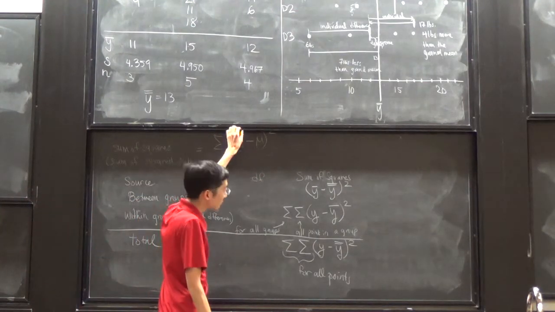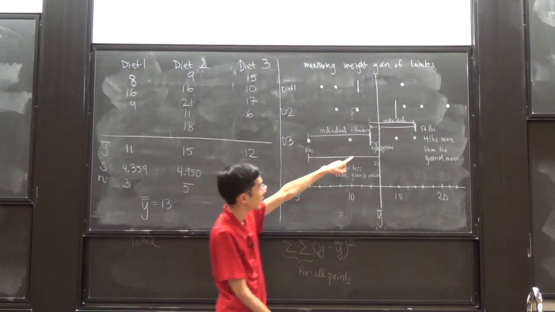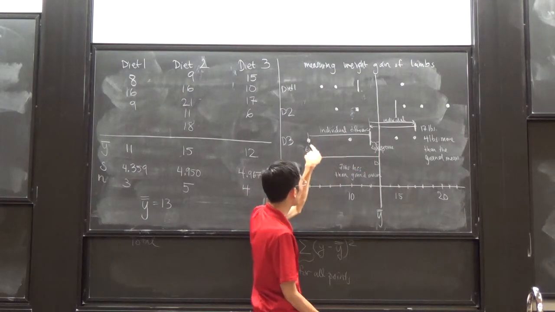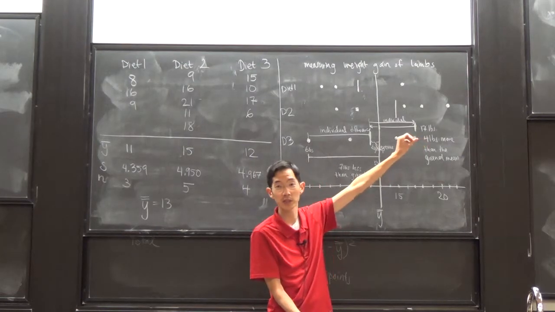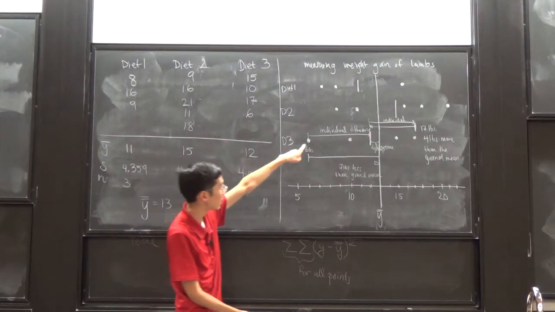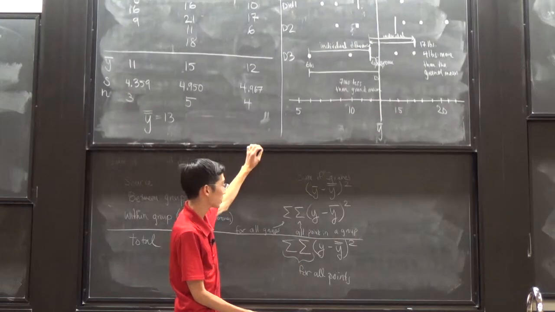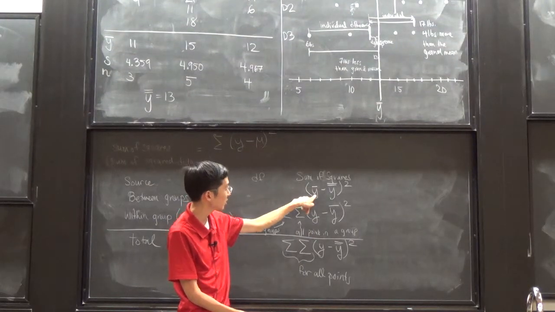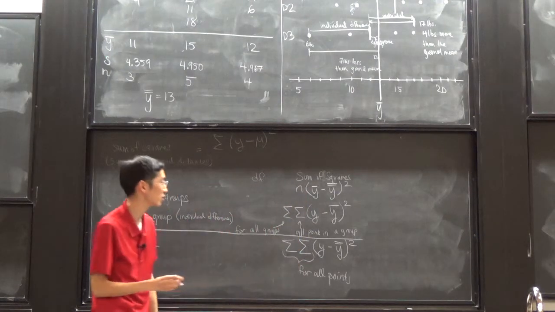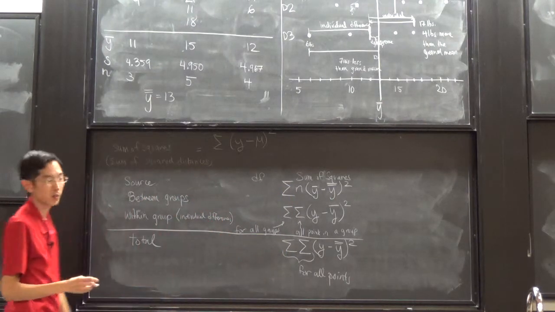For all the points in diet 3, they all have the same group difference, so I'm going to do this 4 times. All the points within a group have the same group difference. So I take the group mean minus the grand mean, square it, and multiply it by how many are in the group, and I do this for all groups.